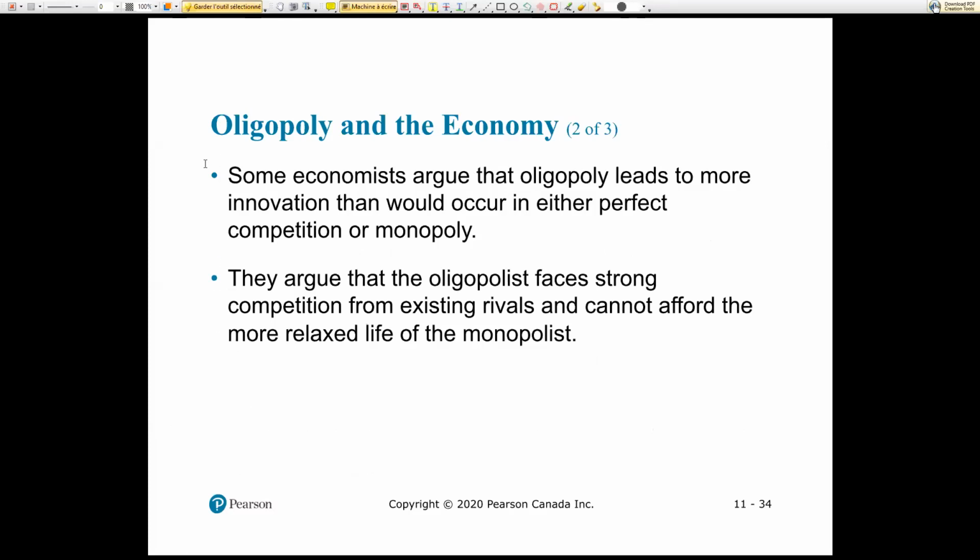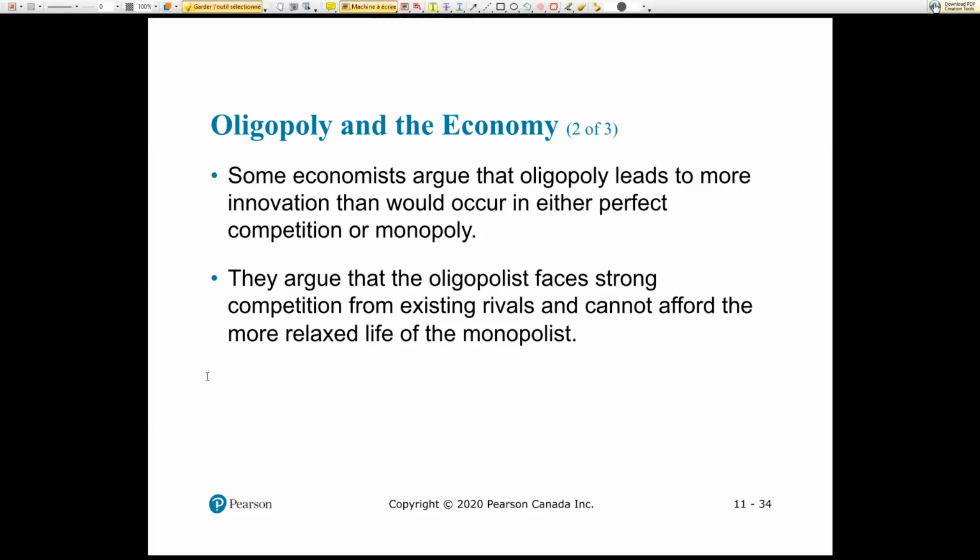So again, this is not so clear. Some economists argue that oligopoly leads to more innovation. Why? Because if you want to keep your strong position on the market, then you're better off innovating to stay better.